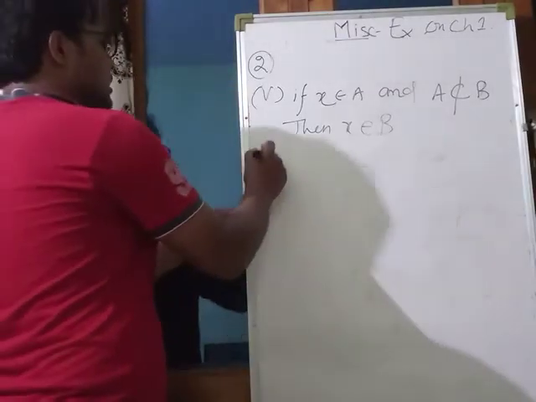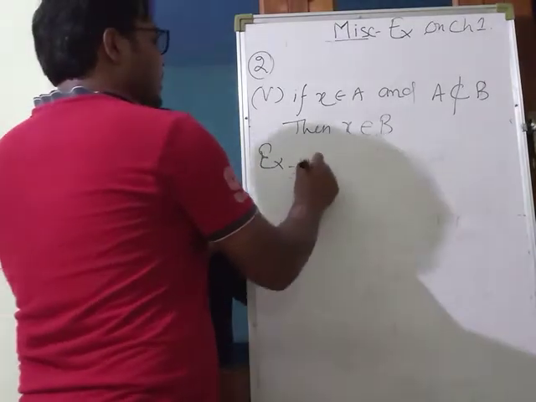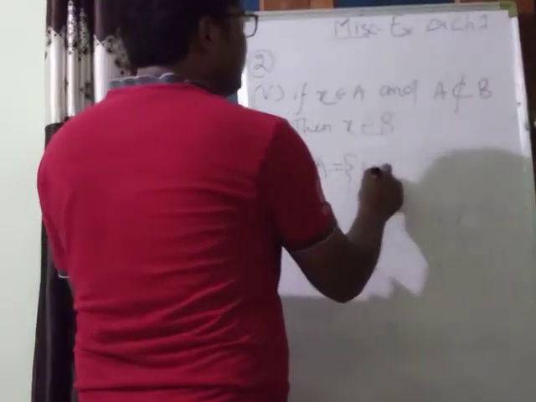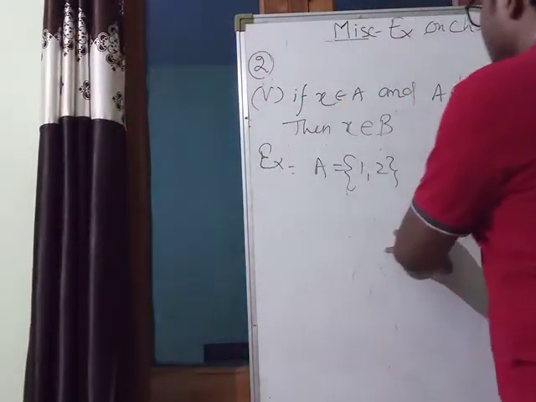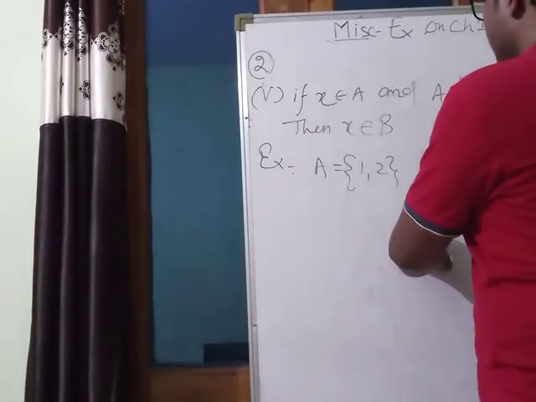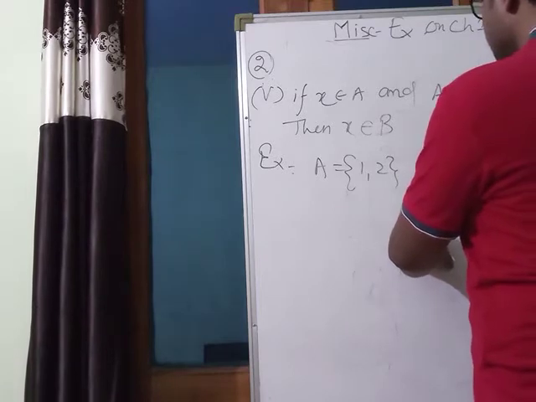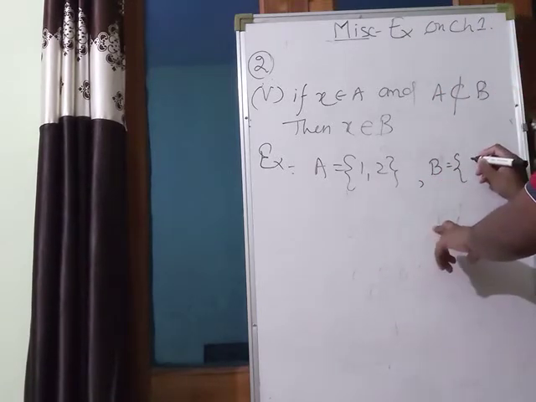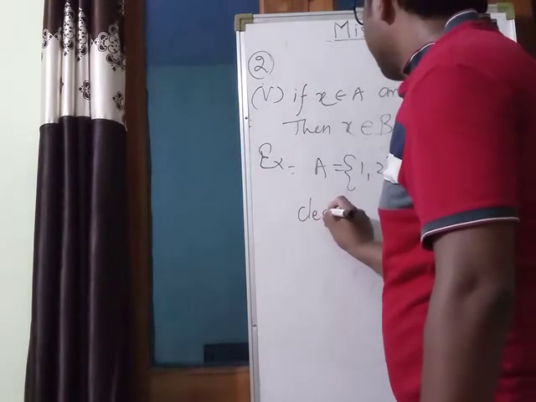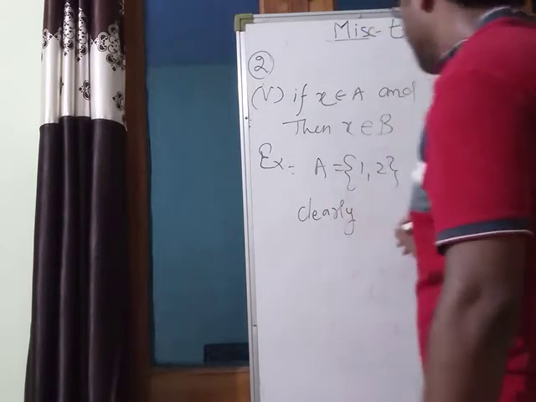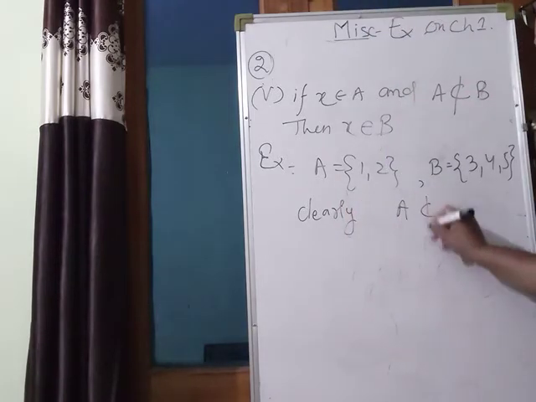देखो आपको मैं एक एग्जांपल दे दूं पहले. A में आप ये ले लो 1 2. ओके? एंड B आप ले लो 3 4 5. Clearly A is not subset of B. A B का सबसेट नहीं.